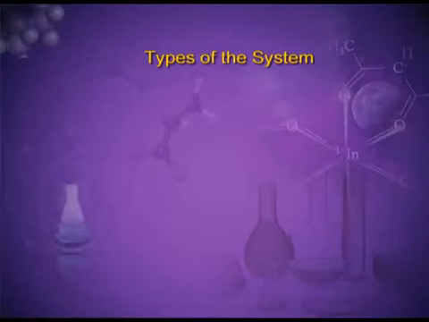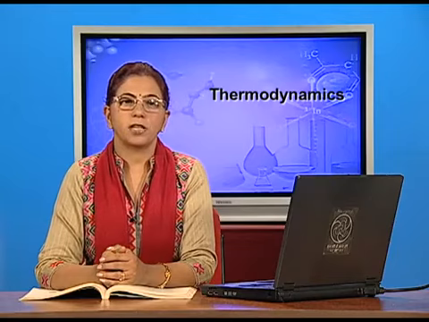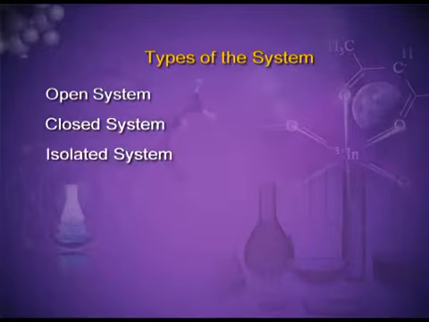Types of systems. The systems are classified as open, closed and isolated system. Let me explain you one by one. Open system. This is a beaker and it is open from the above and the walls are thermally conducting. Suppose there is water in this beaker and I heat this water using a burner. Then the flame will heat the water in this beaker, and after some time the water vapors will go into the upper atmosphere.